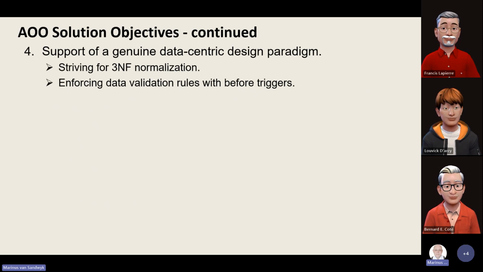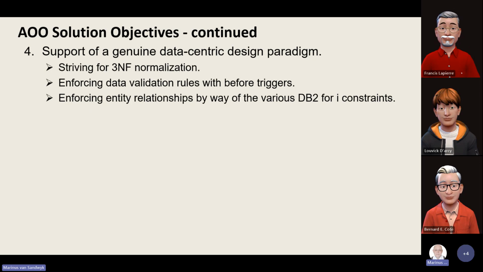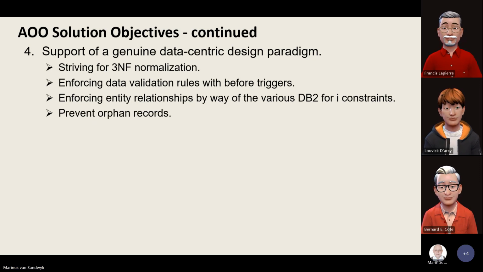Then enforcing all of your data validation rules with before triggers, enforcing all entity relationships by way of the various DB2 for i constraints. Prevent orphan records. And this particular one, it's very interesting to follow all of the AI discussions and the cognitive computing discussions.